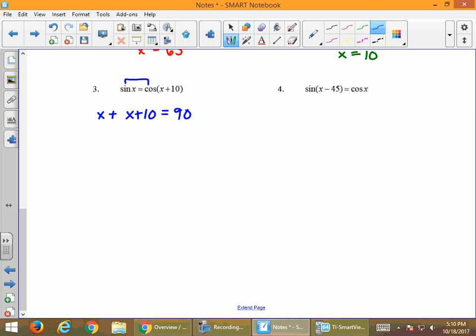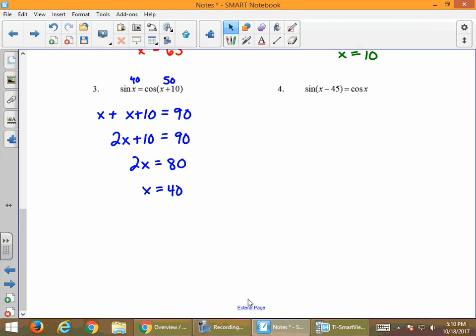Well, x plus x is now 2x plus 10 equals 90. Subtract 10 on both sides, so 2x is 80. Divide by 2, and x is equal to 40. So we have up here, actually, the sine of 40 and the cosine of 40 plus 10, which is 50. And I can check that.